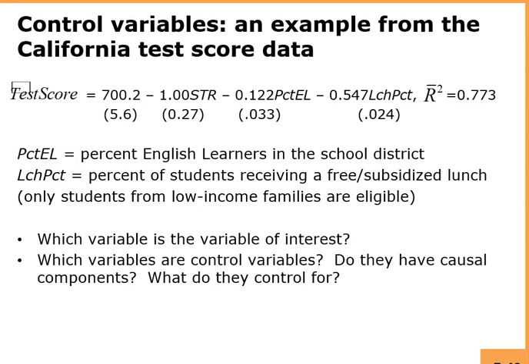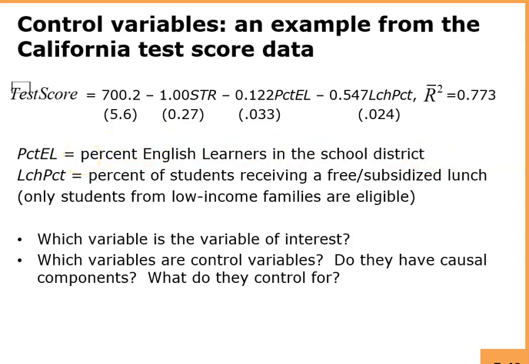So for example, let's try to figure out which ones of these variables in this regression equation are control variables and which ones are variables of interest. So percentage English learners in the school district can be thought of as a control variable. Why is that the case?